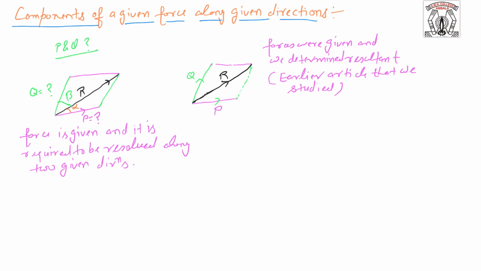Now, if you see over here, this angle is beta, this is an alternate angle. So, this angle will also be beta. And if you see the sum of the three angles, alpha, beta and this one is 180, so this angle will be pi minus (alpha plus beta).